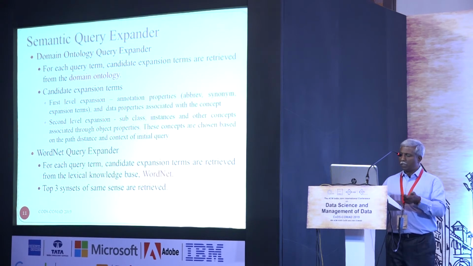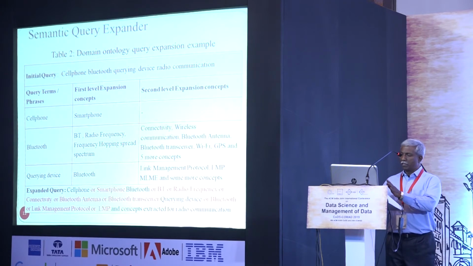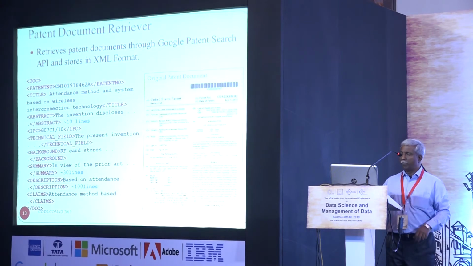In the second level, we consider the synsets of the same sense and add more meaningful words, and we restrict to 3 synsets of the same sense. These are some comparisons showing, for a given query term, the first level expansion and the second level expansion. Ultimately we get an expanded query consisting of the terms from the first and second level expansion.